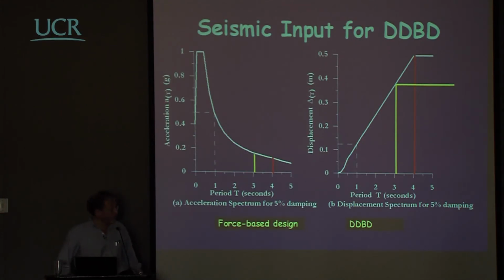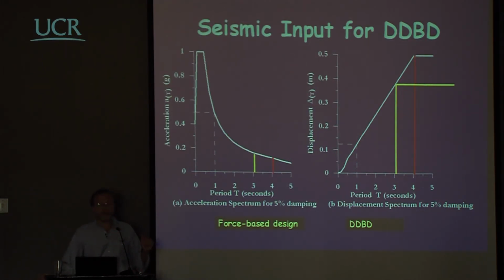Now, if you look at the acceleration spectrum, to go from, say, 3 to 4 seconds period, the acceleration does not change too much, first. You might also be in an area where, in many codes, you have to use a minimum level of acceleration, and therefore there is no difference, essentially.